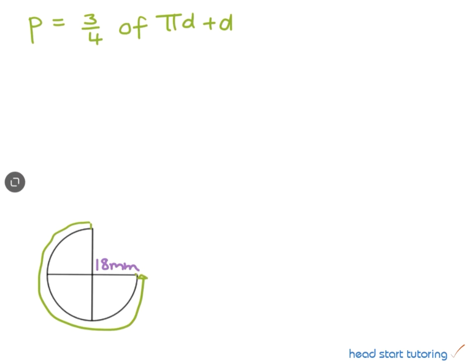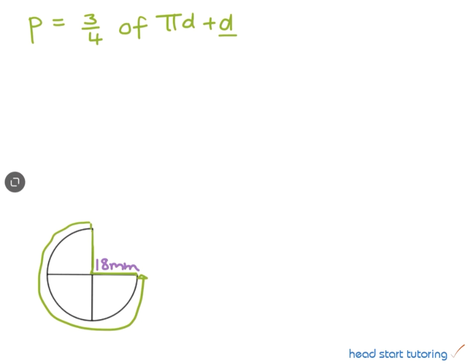And then we need to plus our diameter, because remember our diameter is 2 radii. So radius over here, radius plus radius, will give us our diameter. That is why we plus our diameter when we are working out the perimeter or the circumference of fractions of circles.